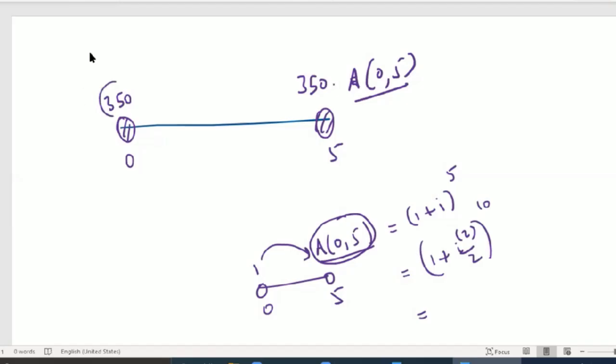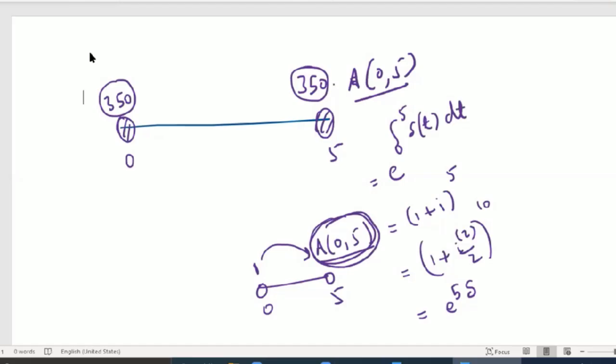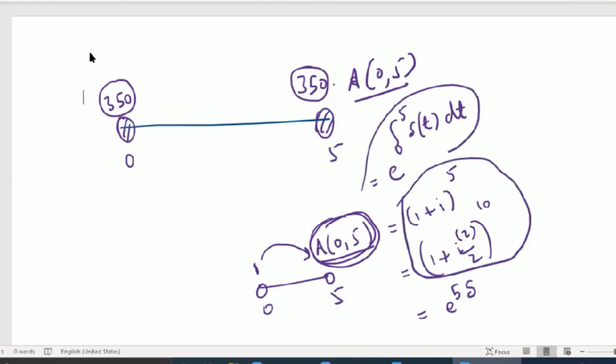Even when I wrote 350, I had to multiply by 350, because if you deposit 1, then you get A05. Whatever answer you get, that notation is A05. So if you are using delta, e power 5 delta you need to write. If you are using variable delta, e power integral 0 to 5 delta t dt you have to write. So all are for this. Accumulation factor has a different meaning. It has no link with any interest rate. Whatever expression you want, you can write. Normally we don't use it for these things. Even if you don't use it, it's fine. Okay, sir. Yeah.